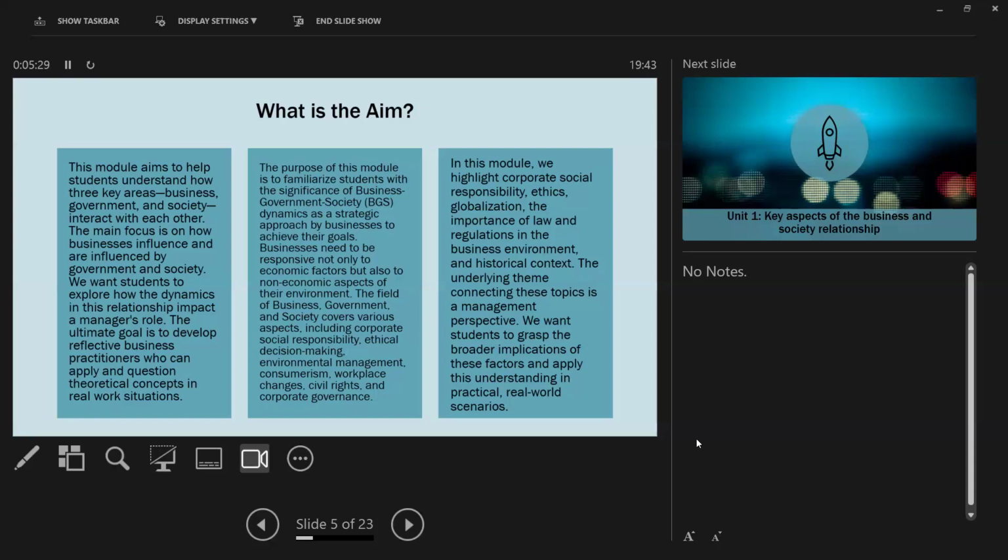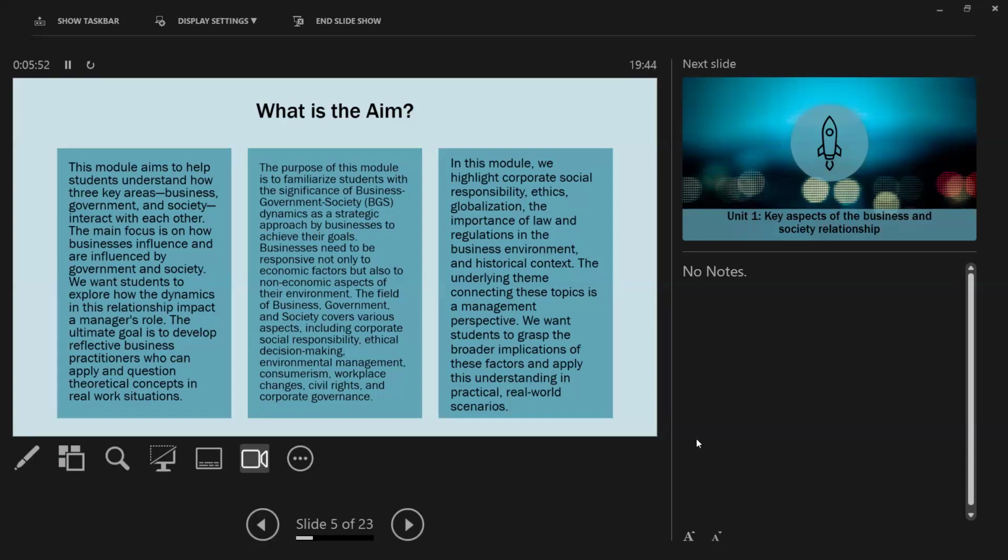So the ultimate goal is to develop reflective business practitioners who can apply and question theoretical concepts in real work situations. The purpose of this module is to familiarize students with the significance of what is called business, government, society, BGS, right?